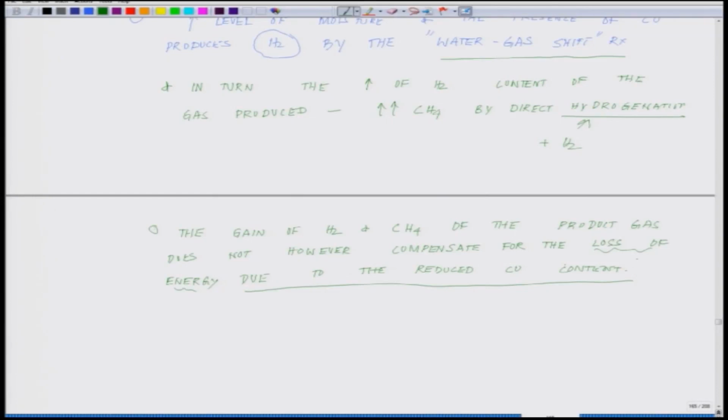And if you reduce the CO content, what will happen? This particular aspect, reduced CO content, will lead to low calorific value. We have talked about this in the last class.